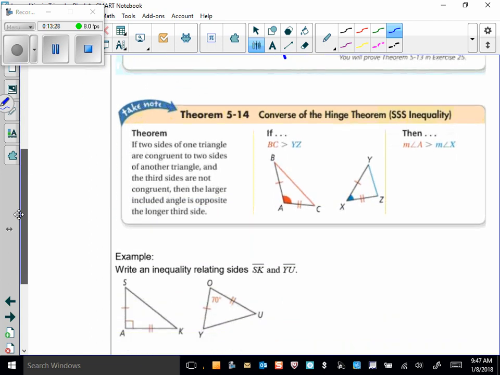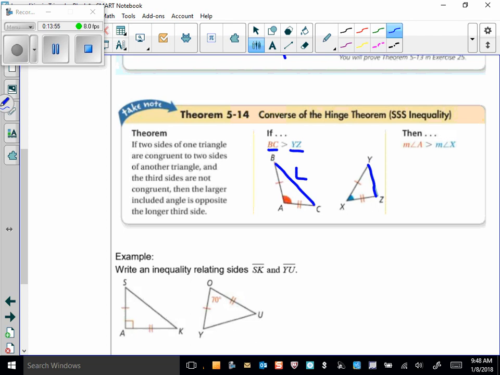Okay, and then of course, the Hinge theorem has a converse. It says if two sides of one triangle are congruent to two sides of another triangle, and the third sides are not congruent, so in this case they're telling us that BC is longer than YZ, then I know that angle A has to be the larger angle because it's across from the longer side.